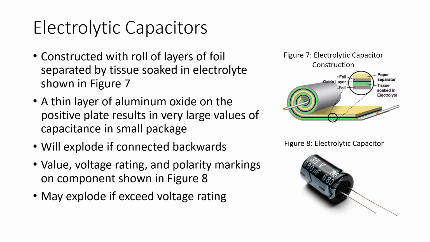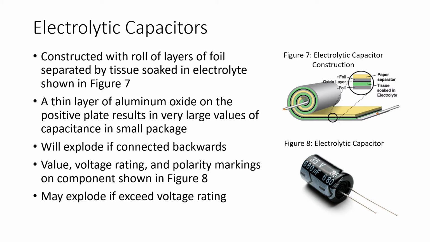Now, because of the construction of the capacitor and the tissue that's soaked in an electrolyte solution, a thin layer of aluminum oxide is created along the positive plate, and this results in a very large value of capacitance in a relatively small package.